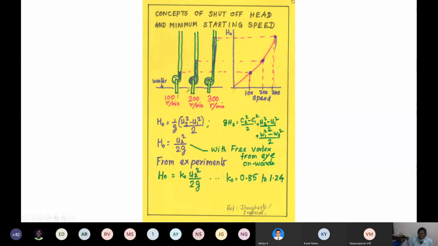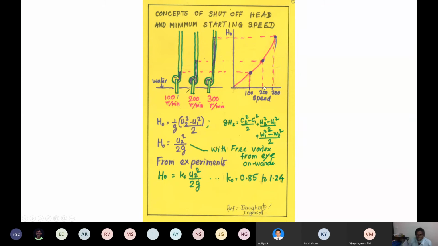So instead of taking a long pipe, if I put a valve just at the exit, the same head will be there. For 300 revolutions per minute, I will get so much head indicated in the figure. So this head may be called shut-off head. That is how the terminology comes. When I put a valve here and close it and run it at these speeds, the head developed is a shut-off head.